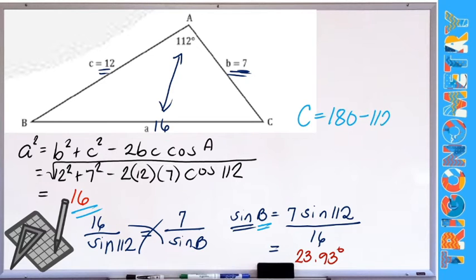So 180 minus 112 minus 23.93, in which the answer is 44.07 degrees. So that's how you're going to answer your number 1.